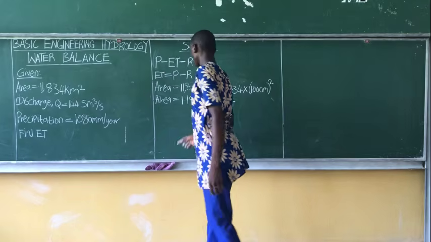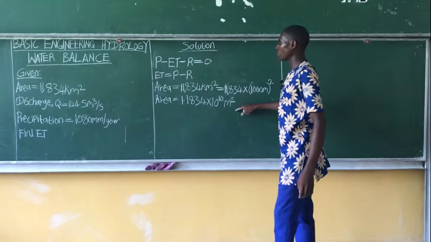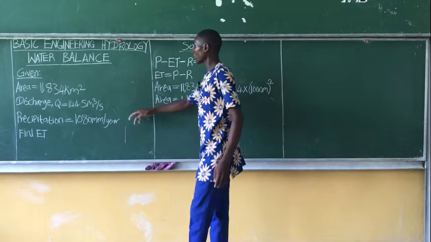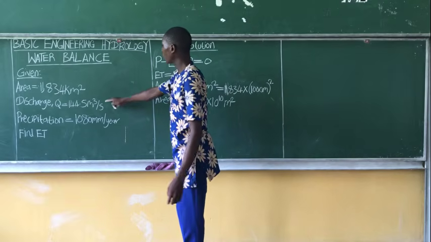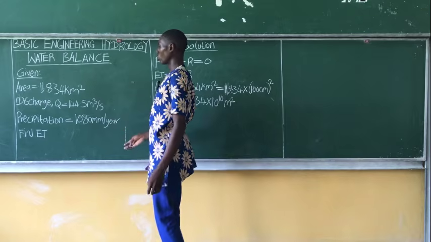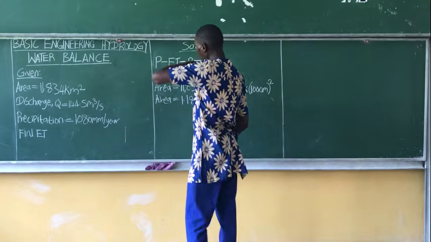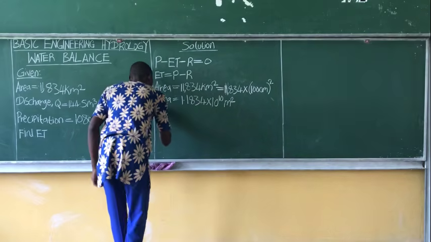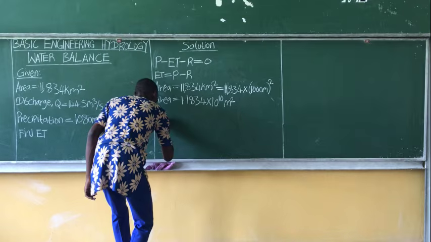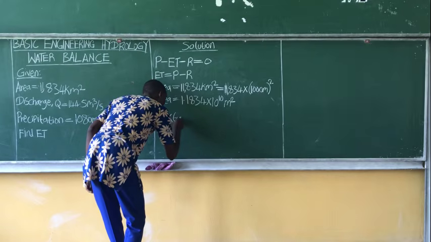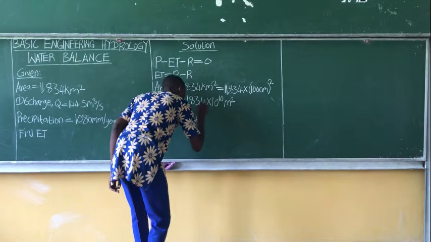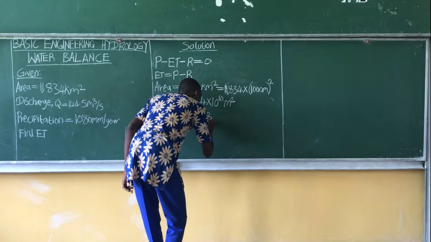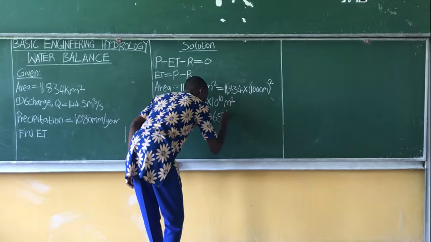Okay. So after getting the value for our area in meters square, the next thing we get, since we are considering the catchment with respect to a year, is the value of our seconds in a year. So how many seconds do we have in a year? So we simply have 60 times 60 times 24 times 365.